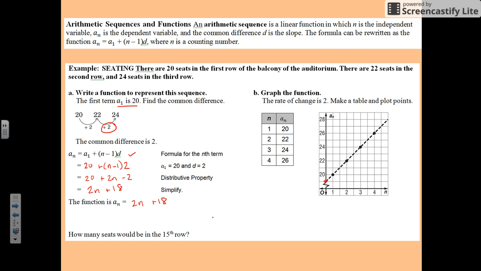Well, if we want to find the 15th row, we would say a sub 15 is equal to 2n, hold on a minute, let me back up. Where's my eraser?